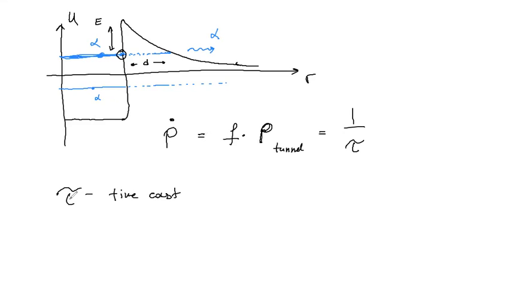It can be very small. Let's say, I don't know, 10 to minus 6 seconds, microseconds. Then this radioactive material will decay very fast. So in microseconds, you're going to lose half of this material. But this time constant can be 1 year or 6,000 years.